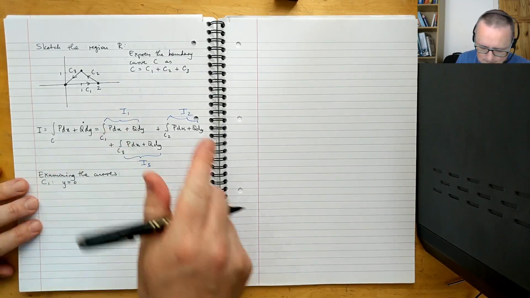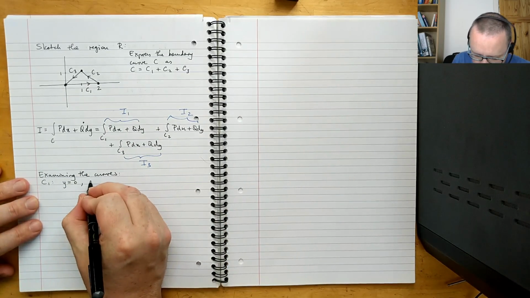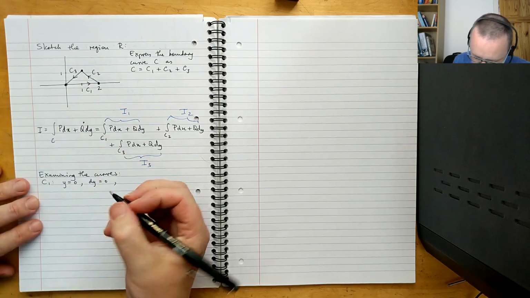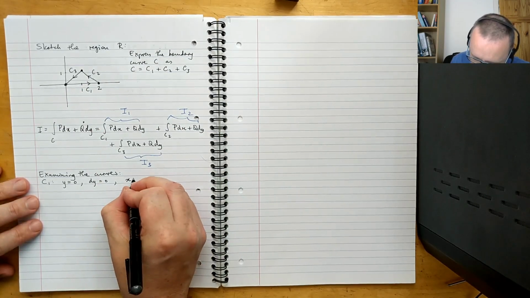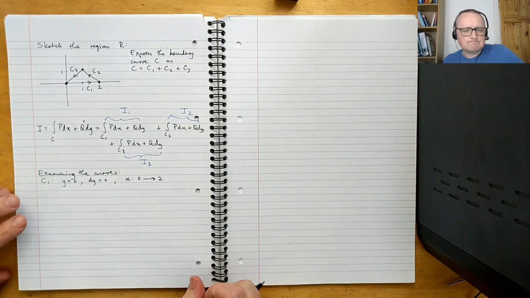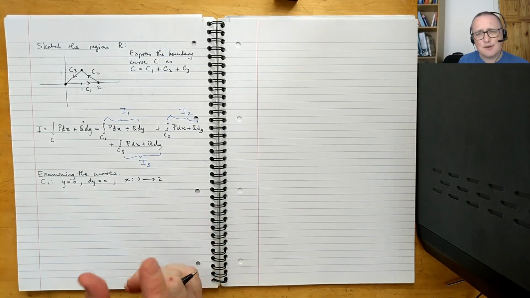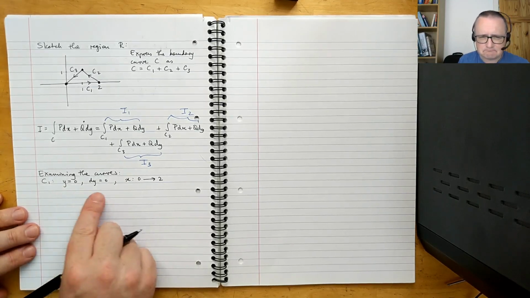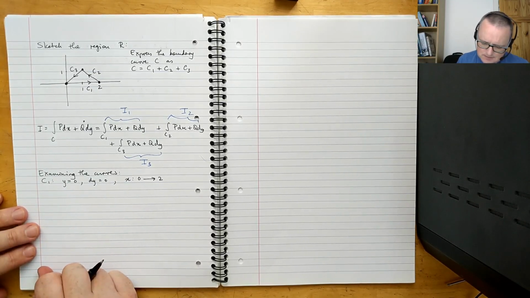It's the x-axis. As a consequence of that, the differential dy is 0. And which bit of the x-axis are we talking about? Well, x is beginning at 0 and increasing to 2. So that's all you need to know about that integral. So the y's will disappear, so to speak.